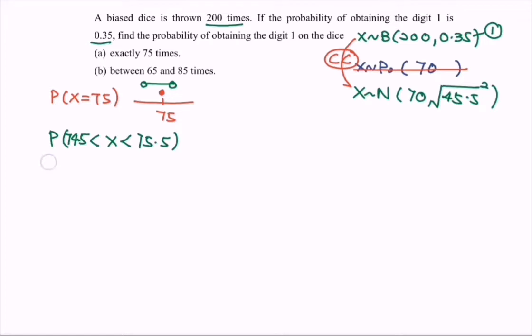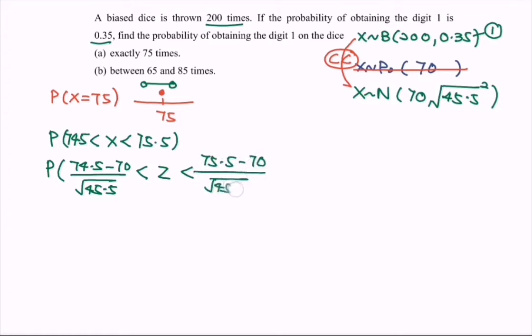Step number 2, standardize. So where we have 74.5 minus 70 over square root of 45.5, and Z standardized, 75.5 minus 70 over square root of 45.5. Simplify the situation, so where we have Z greater than 0.67 and less than 0.82.